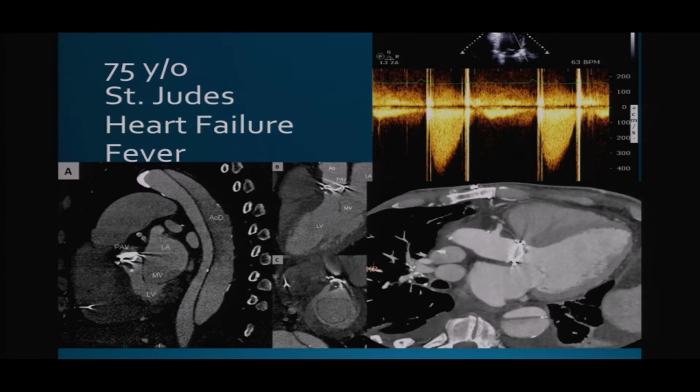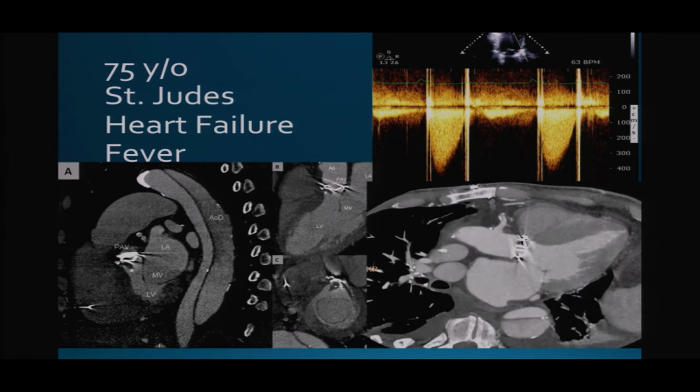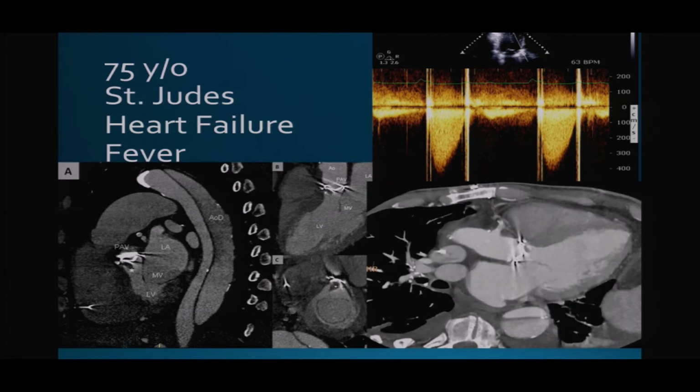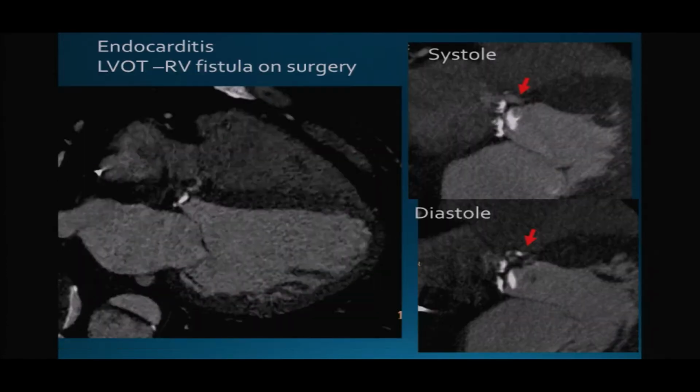As you can see, in a large mass vegetation, CT can also reveal the location and movement of the mass, but for small vegetation, CT oftentimes can miss the vegetation. So by no means should you do CT to diagnose vegetation if there's a suspicion.